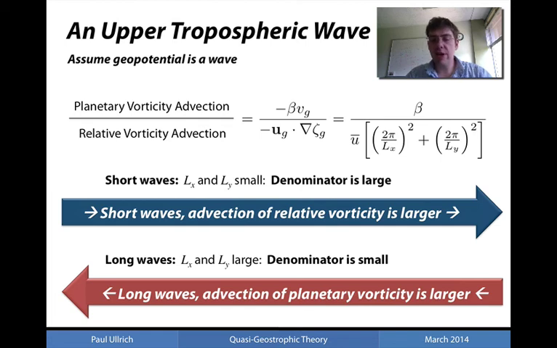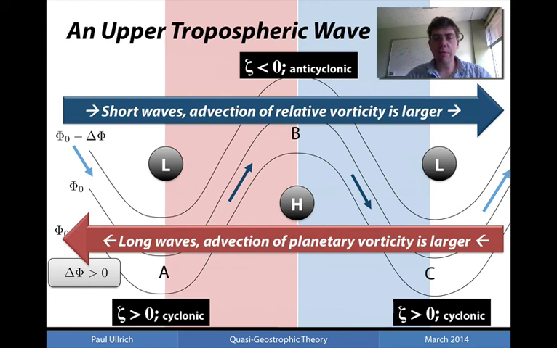For long waves, on the other hand, Lx and Ly are large, the inverse is small, and hence the denominator of this expression is small, leading to planetary vorticity advection being the dominant term. Hence, for long waves, advection of planetary vorticity is larger, and these waves will tend to propagate westwards, consistent with planetary vorticity advection. So, in summary, short waves will tend to propagate eastwards, and long waves will tend to propagate westwards.